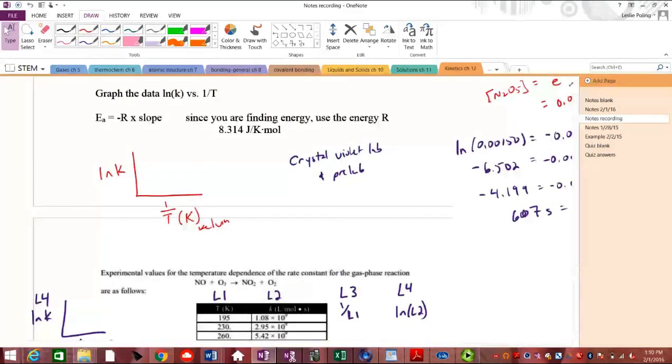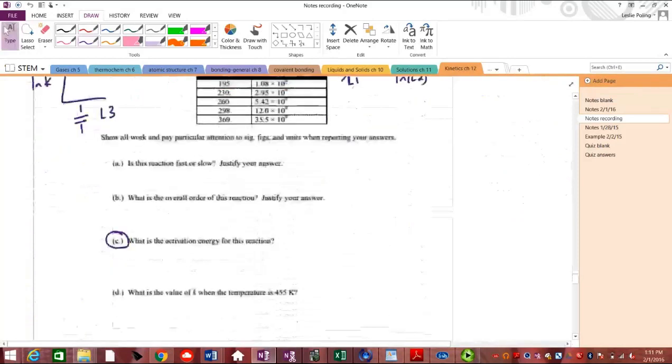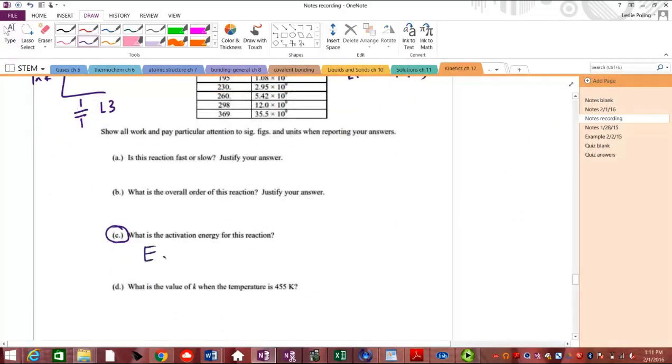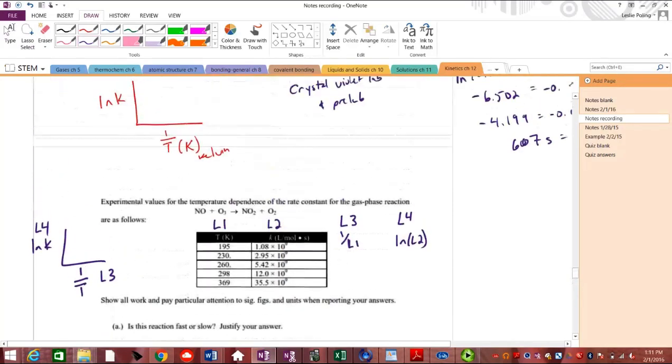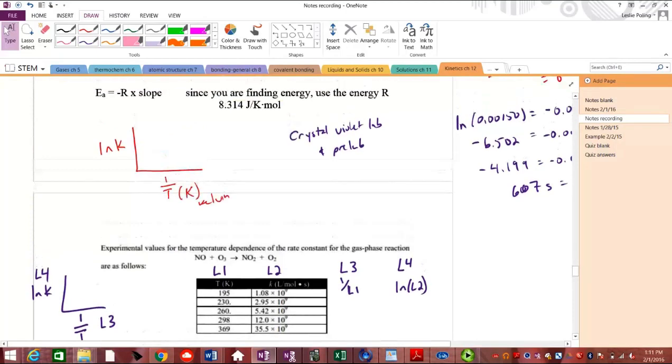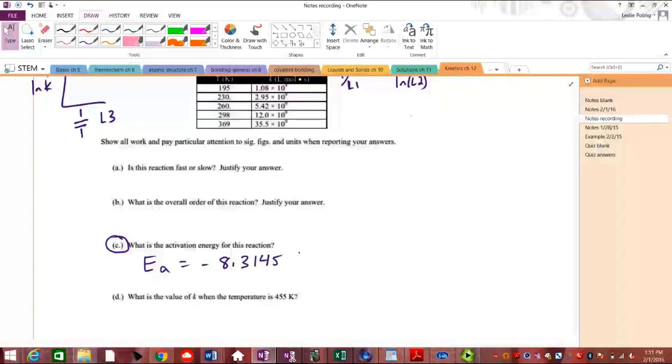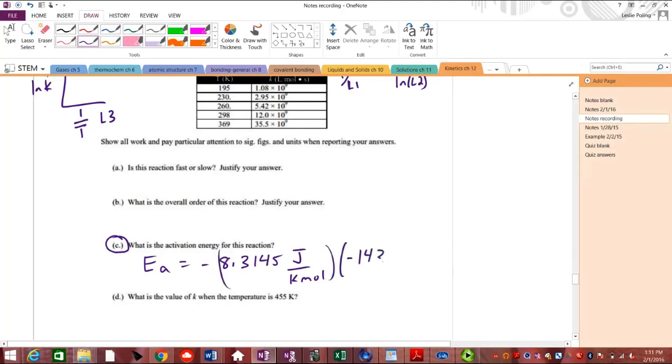Okay, so E sub A equals negative R times the slope. So E sub A equals negative 8.3145 joules per Kelvin mole, and we multiply that by the slope, which was negative 1435.7.